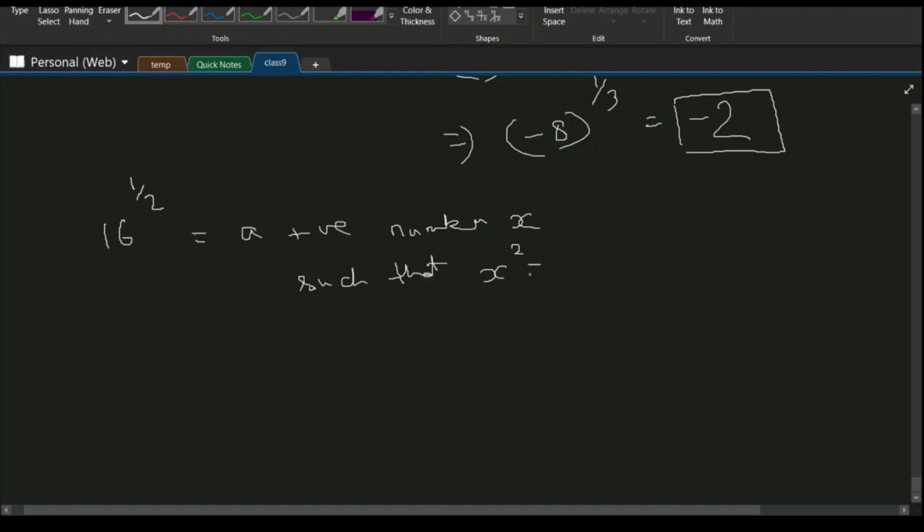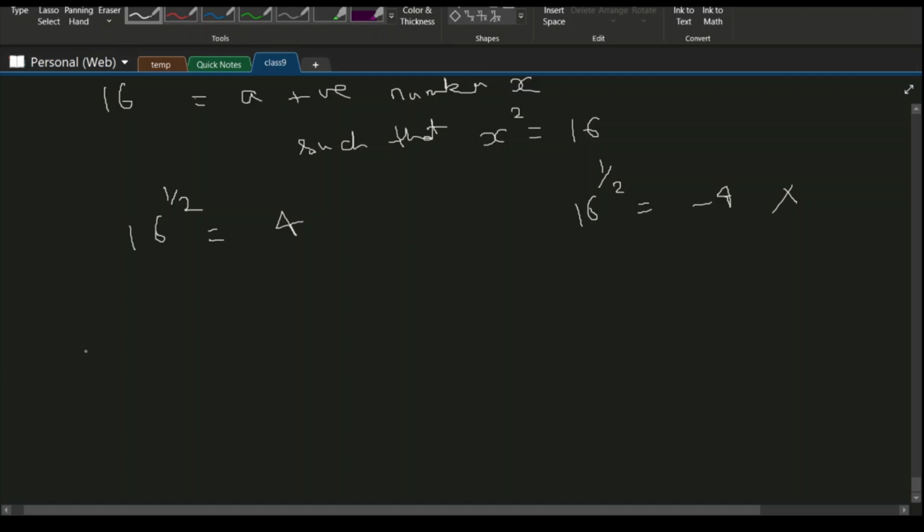But it can be both positive and negative, right? Yes, but since the base is positive here, I am only looking for those x's which are positive. So here I'll write 16 to the power half equal to 4. I will not say 16 to the power half equals minus 4, that becomes incorrect. That's how the principal nth roots are defined.